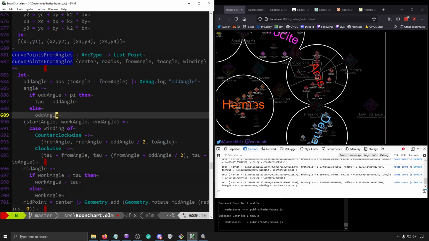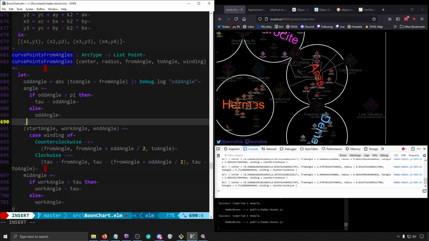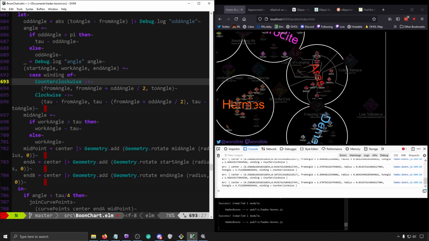I don't know if I can pipe this properly. So the midpoint I don't think is a big deal here. Oh, we actually do support winding.